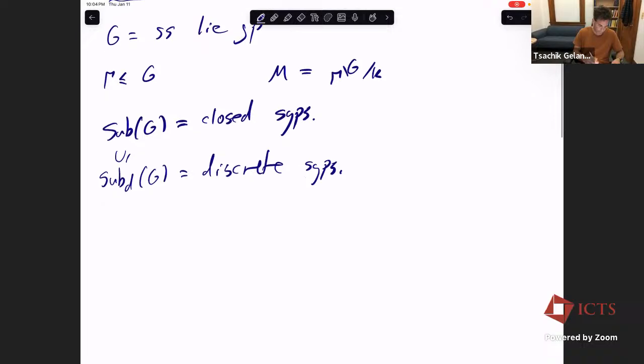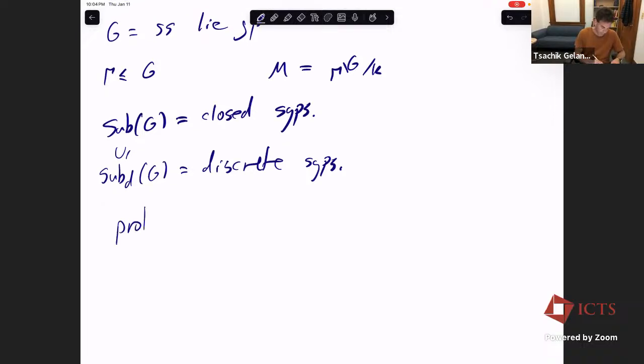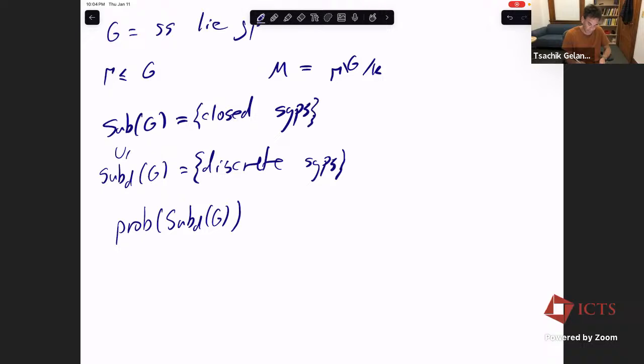So we want to look at probability measures on this compact space that give probability 1 to this open subset of discrete subgroups.